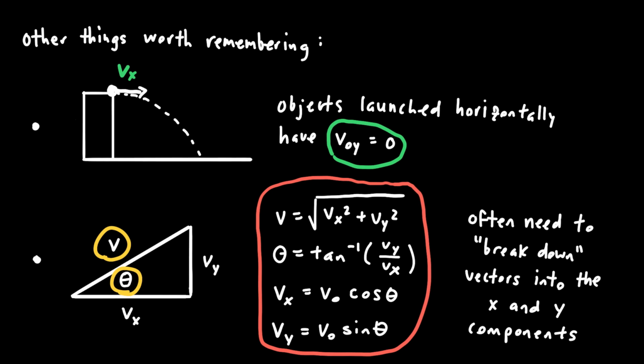The angle that I've drawn there in that triangle is given by the inverse tangent of the vertical component of the velocity divided by the horizontal component. And either the x or y components can be determined using SOHCAHTOA, right? The sine and cosine parts of the triangle. So make sure that you remember these, because these are things that are not only important for finding velocities or accelerations, they're incredibly important in almost every single unit that we've worked in this school year.